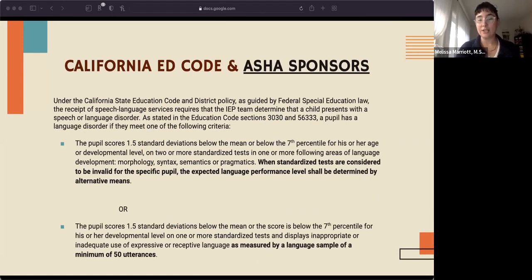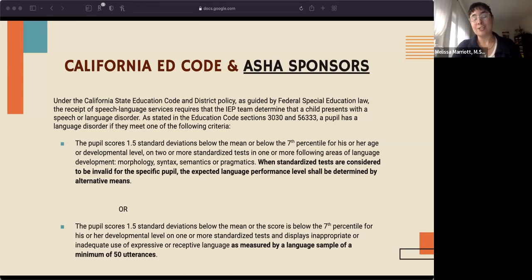Our Ed Code is embedded with some kind of standardized measure that will be met or not met, in order to be eligible for special education services. Part of that is informed by ASHA. ASHA, as our organization, helps lobby for what legislation they would like to see memorialized in Ed Code.